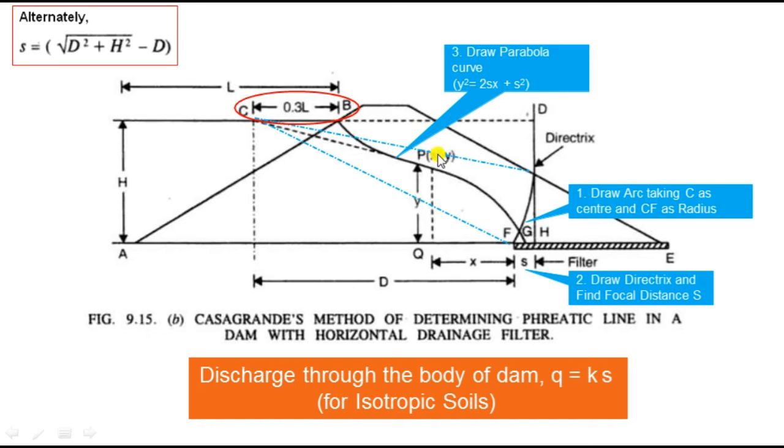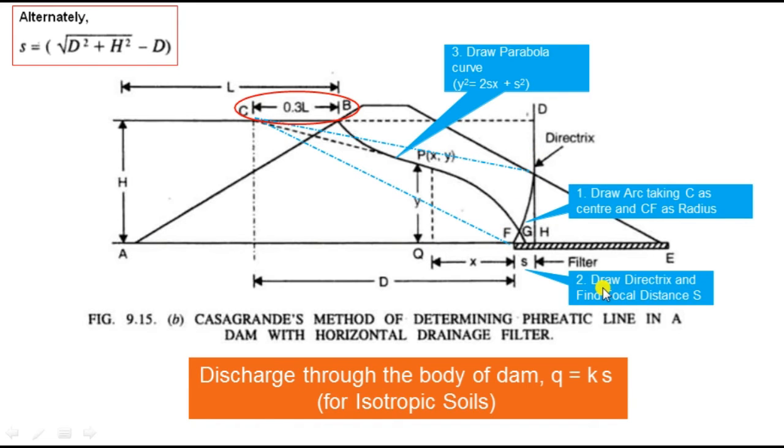In this, the first point is to draw the arc taking C as the center. We take the point 0.3 L, find out this length, and take C as the center, and CF as the radius. F is the point where the filter starts, and we have to draw the arc.